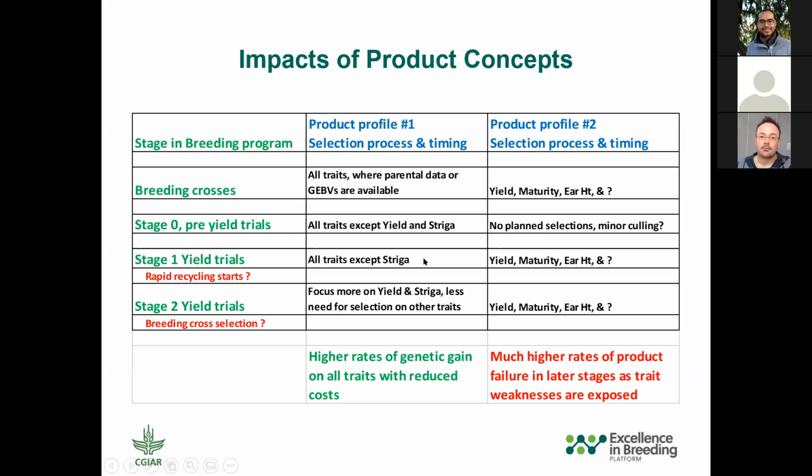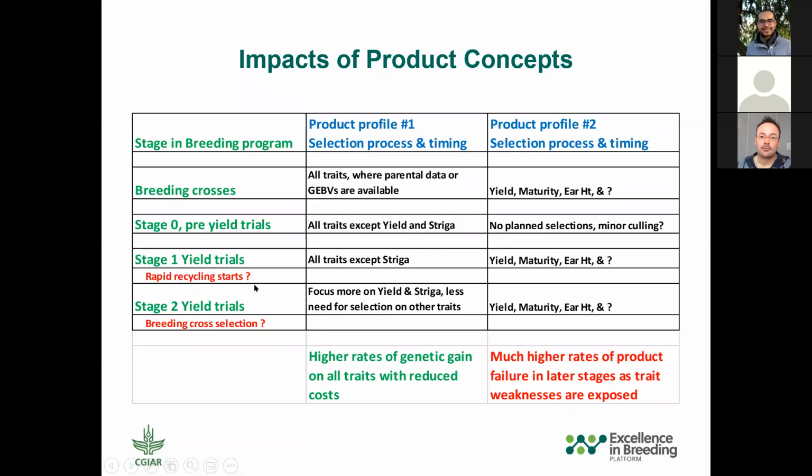So we're really cleaning up on the other traits and starting to impact yield. And again, we have a fuzzy picture of what's happening in the other program, and probably more lines being carried than in the well-defined selection profile. That's going to become more costly as we want to start our rapid recycling, making breeding crosses at this point. And that's related to rapid genetic gain, which I hope, again, you're already familiar with.